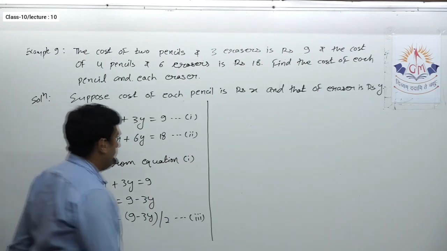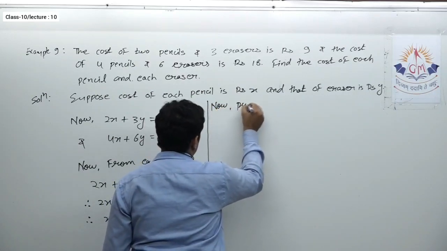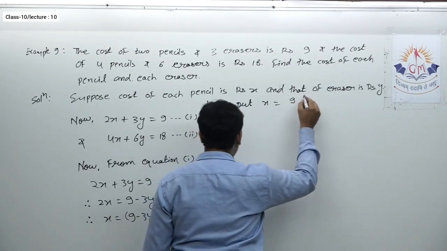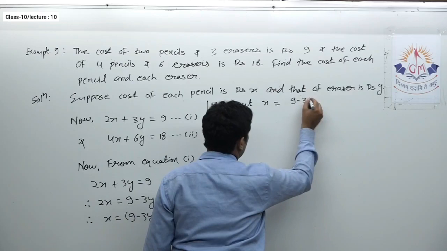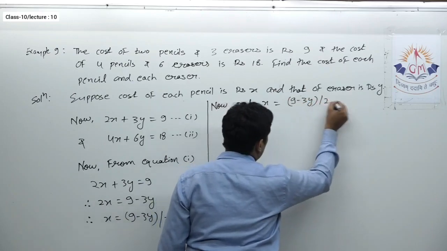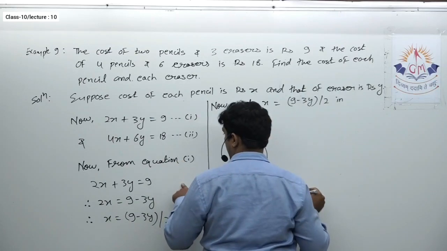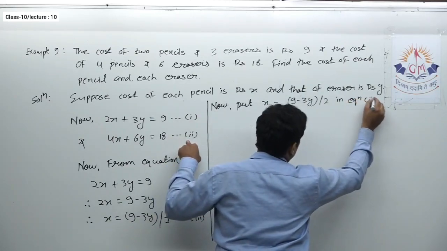Okay, so let us solve it further. Now put x is equal to (9 minus 3y) upon 2 in equation 2.